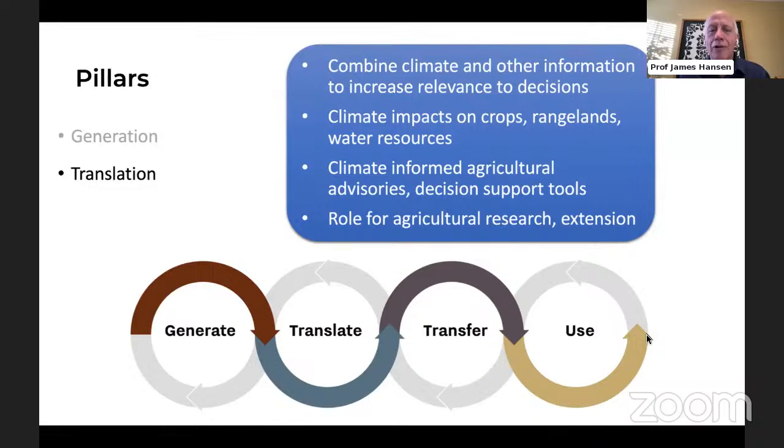So the development of agricultural extension recommendations, if they include weather and climate information, then those institutions would be playing a climate service translation role.